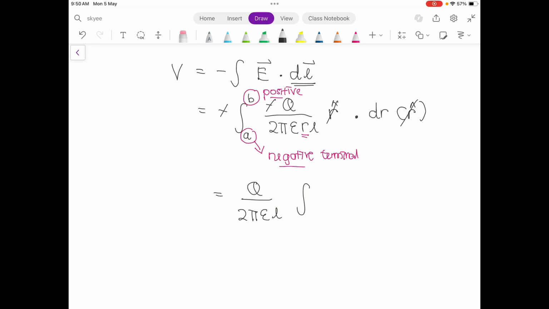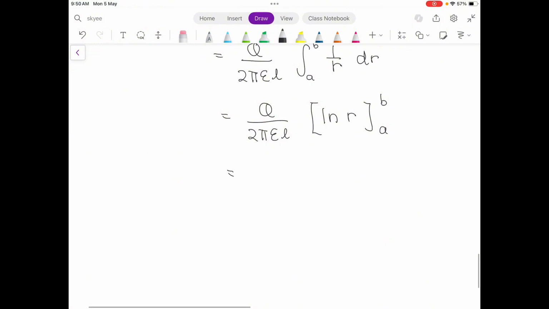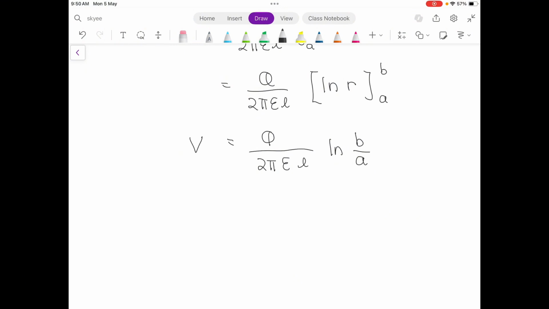So you just focus on the 1 over R, A to B, and dr. So when you integrate this one, you will get epsilon L ln R, B and A. So you can write it as Q over 2π epsilon L, ln B minus ln A. So it can be written as ln B over A. So now this is your V equation.